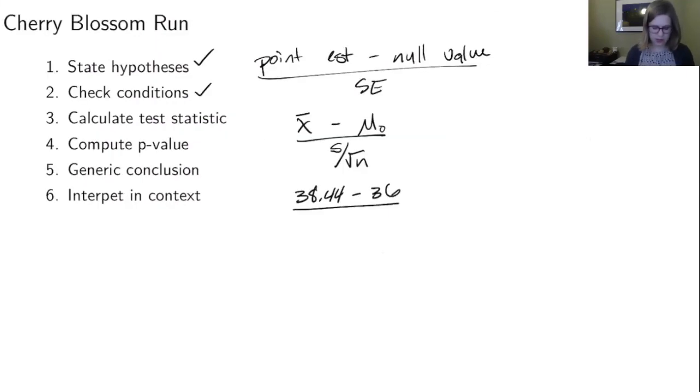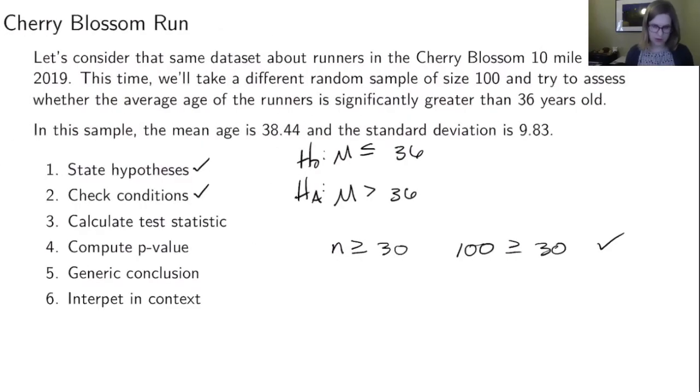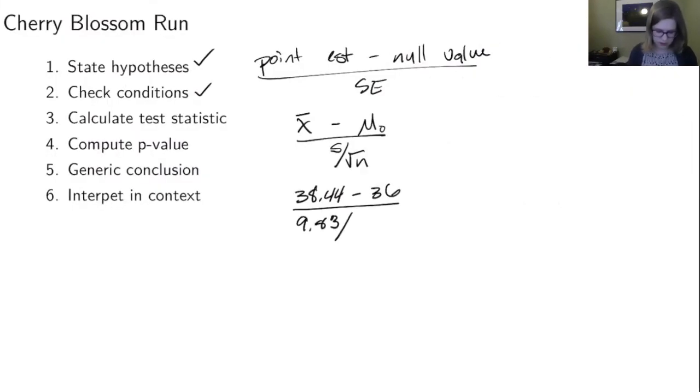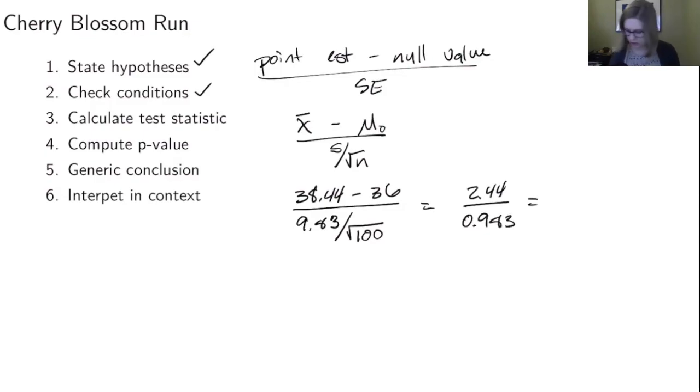And then we need s, which was 9.83, divided by the square root of n, which was 100. So we've got 2.44 over 0.983, and that turns out to be 2.48. That's our test statistic.